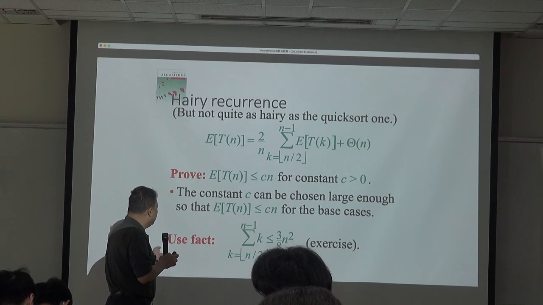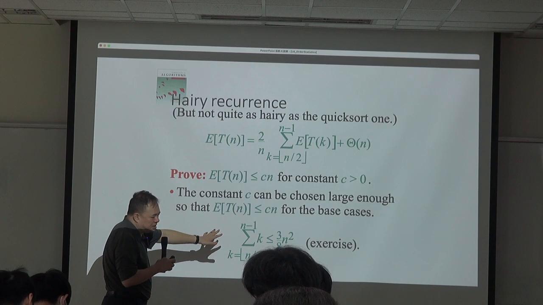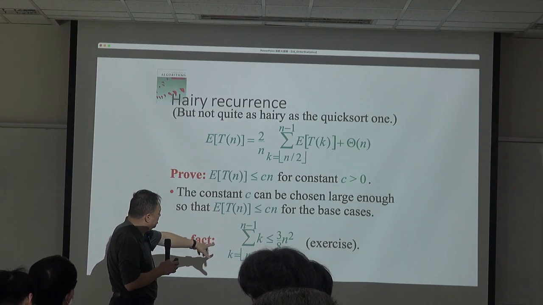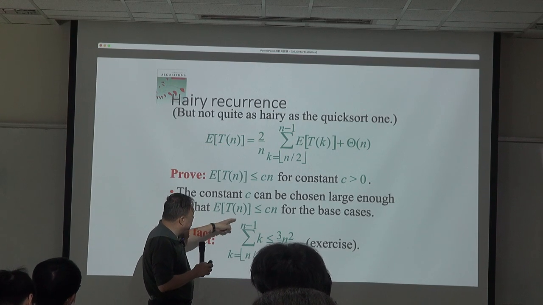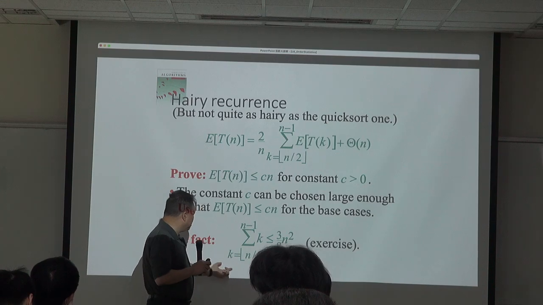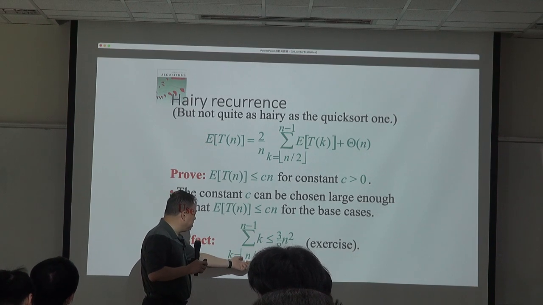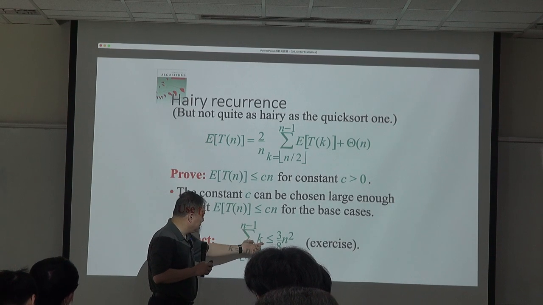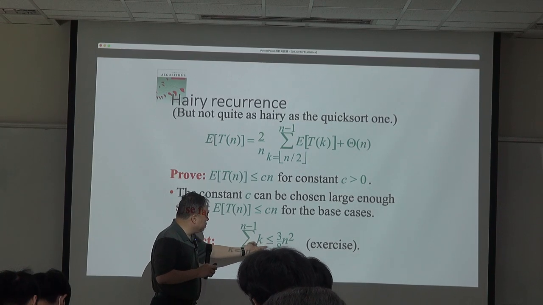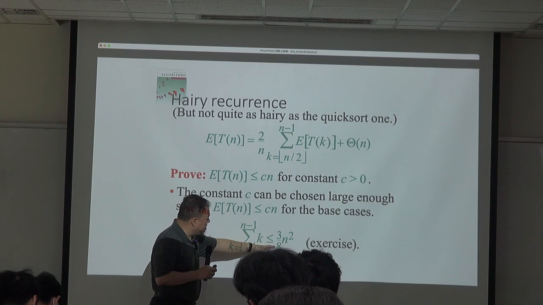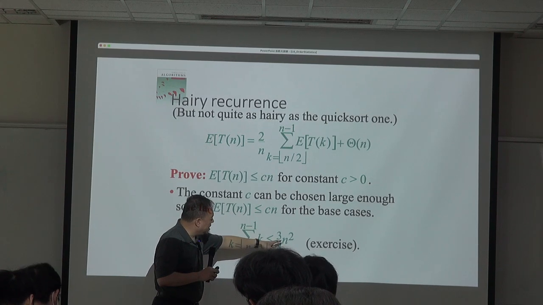And then here comes the inequality. The sum for k from n divided by 2 to n minus 1 of k is smaller or equal to 3 over 8 times n squared.